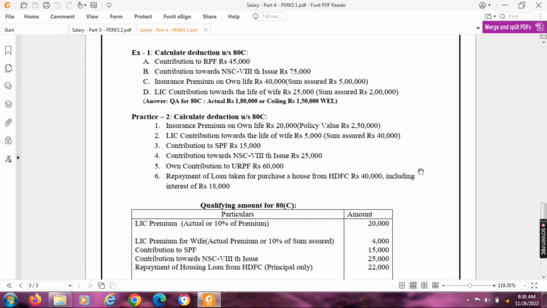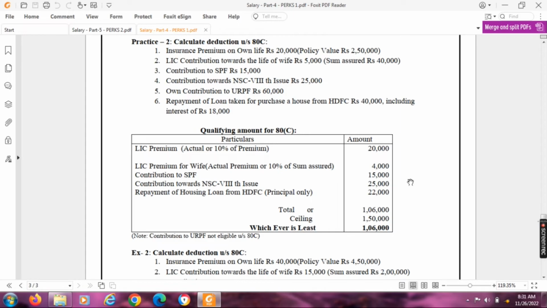Repayment of loan taken for purchase of house from HDFC, rupees 40,000, including interest of rupees 18,000. In this case also, interest will not be qualified for deduction under section 80C. Let's see how to compute the qualifying amount for 80C. LIC premium, actual premium or 10% of policy value, whichever is the least, 20,000. LIC premium for wife, actual or 10% of sum assured, only 4,000 is qualified.